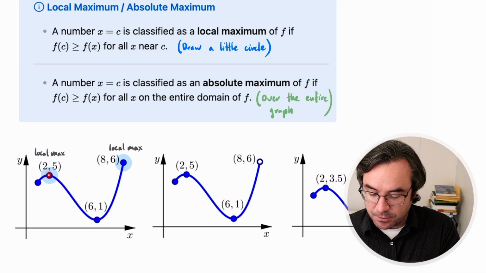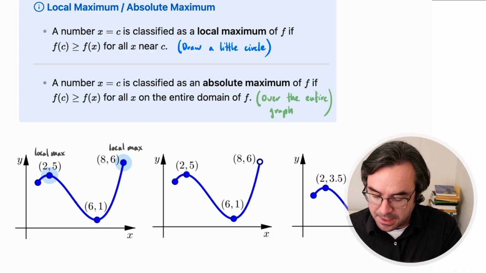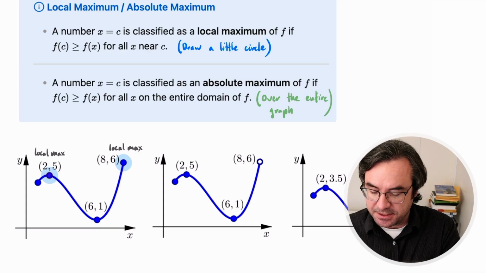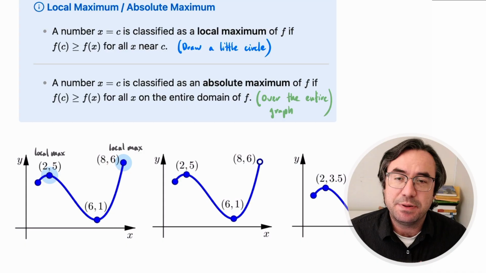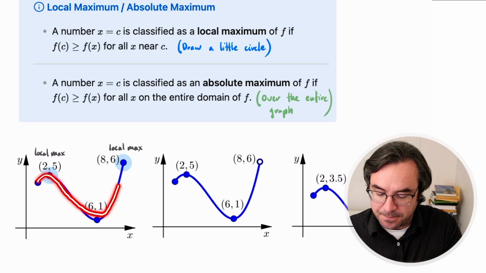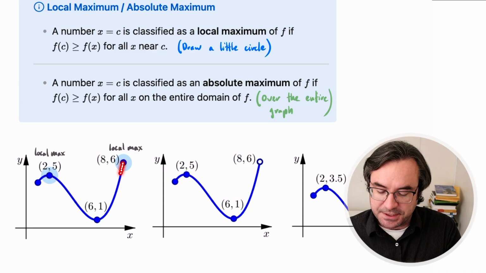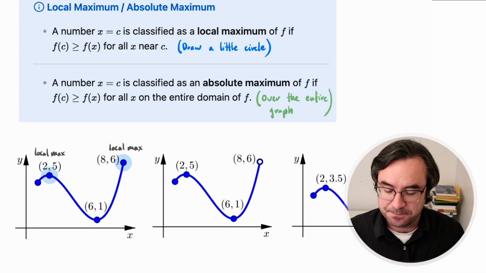So let's start with that same point, that point at 2, 5. Now it is a local max because in this little section here, it's the highest point. So it is a little mountain peak there. But if we scan through the entire graph, once I get over to here, all these points are actually taller. They're higher than it.